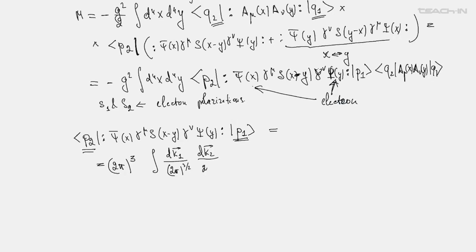Then there will be a prefactor coming from the expansion of these fields psi and psi bar in terms of creation annihilation operators, the same is also true for the factors depending on K1 and K2 in the denominator, so omega of K1, omega of K2. Then there is a prefactor which comes from normalization of external states. Remember, our external states are normalized in a relativistic invariant way. So this is the prefactor related to that.